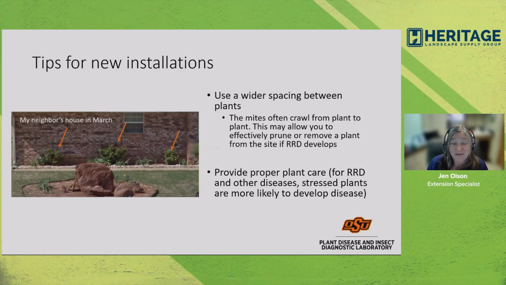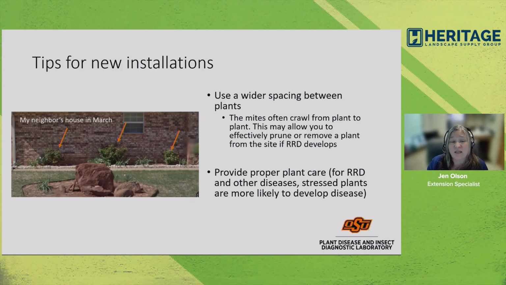This is my neighbor's house. So I'm pointing at their rose bushes with these arrows. He is keeping his roses healthy by keeping a very wide spacing between the plants. In a local area, most of the movement of the mites is simply crawling or jumping from plant to plant. So maintaining this wider spacing is one way to help slow the spread of the disease.